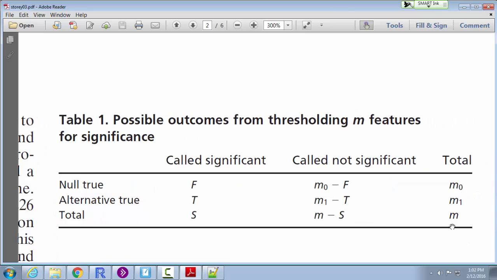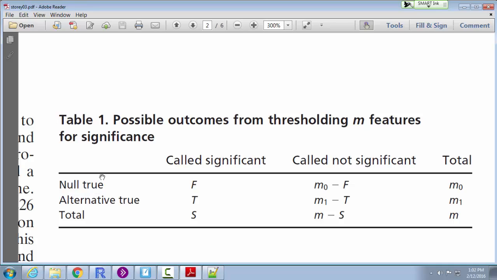We have M features generally. In our simulation, it was 1,000. And some of those features are null features. They are not interesting. They are not different in terms of their mean expression level between comparison groups. And the other ones are interesting. We say the alternative hypothesis is true.